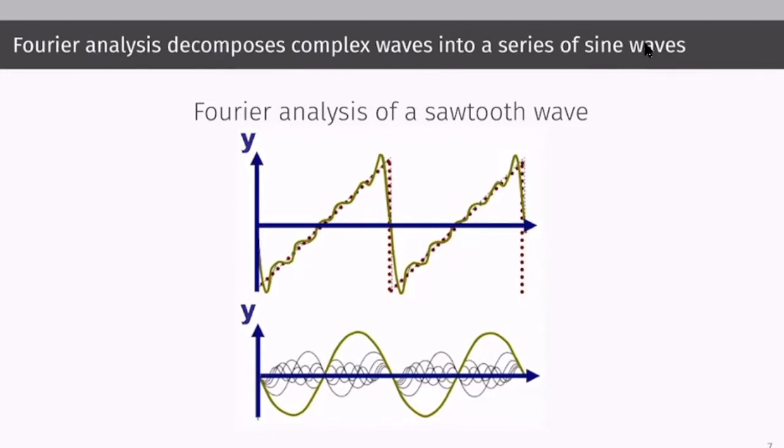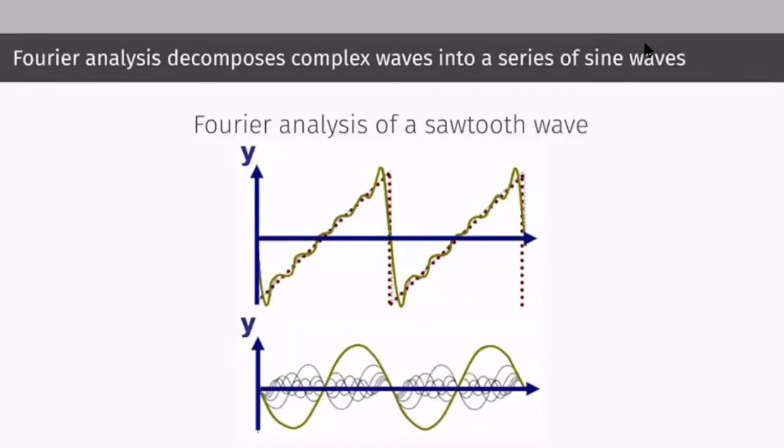So basically, it takes a wave, like here we have a sawtooth wave. So it's like this, this, this, this. And you might think, oh, that's just a wave. But actually, that sawtooth wave consists of a whole bunch of simpler waves.